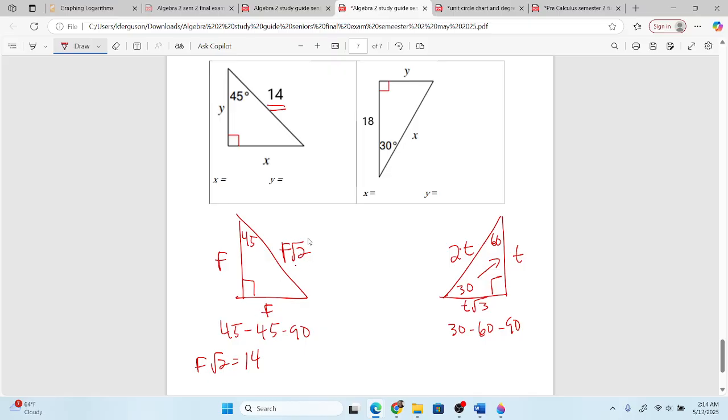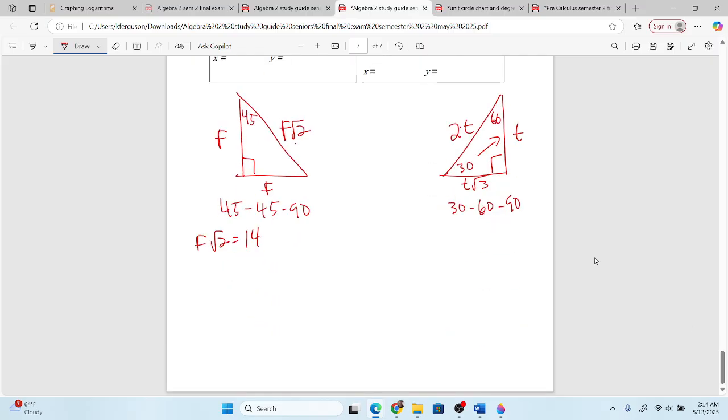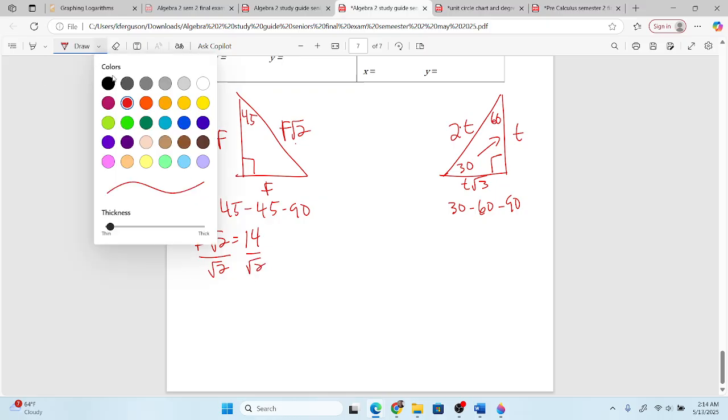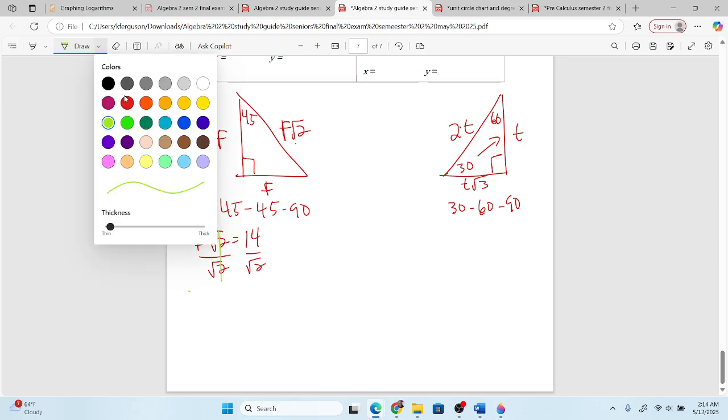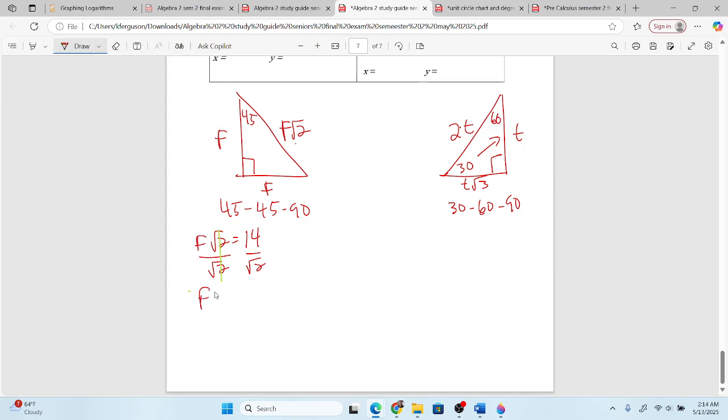F times the square root of 2. So I just solve this equation to get my F. Well, I'm going to divide by the square root of 2. These go away. They divide each other out. I'm left with F equals 14 over the square root of 2.